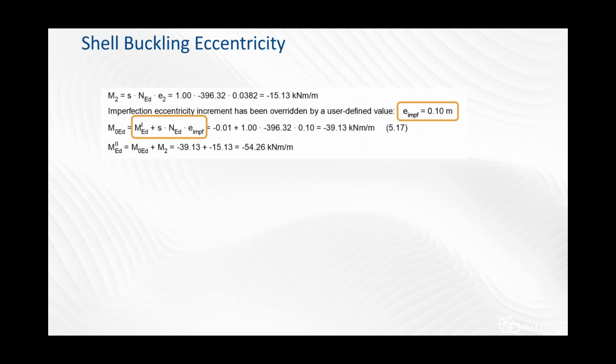So if you overwrite it, in this case it was overridden by 0.1 meter, the imperfection eccentricity is basically loading eccentricity plus wind load plus L divided by 400. And usually in a static model, this is equivalent to 0.